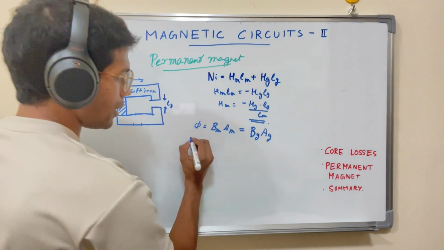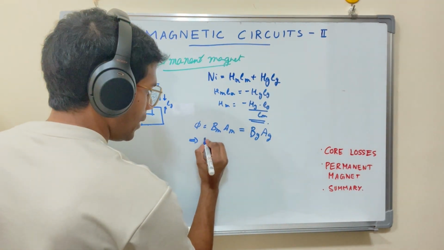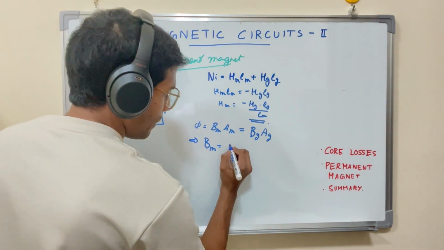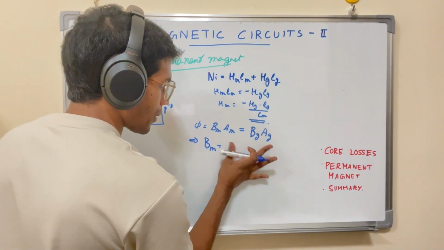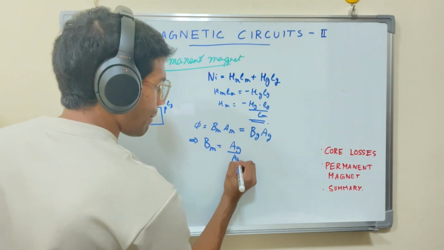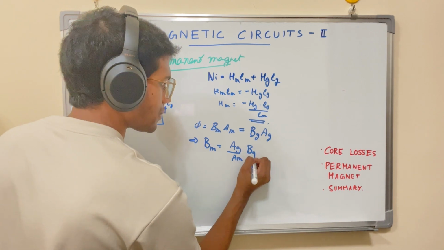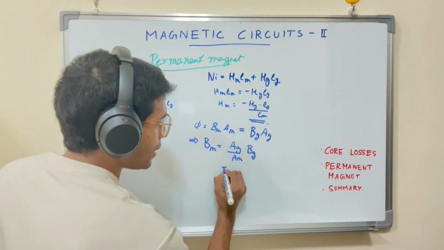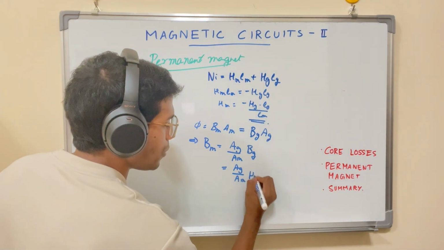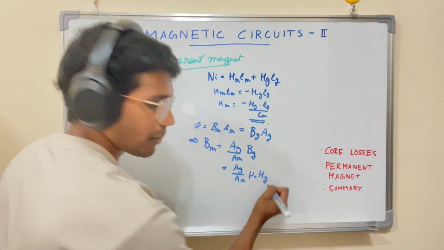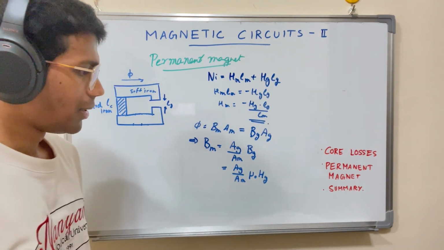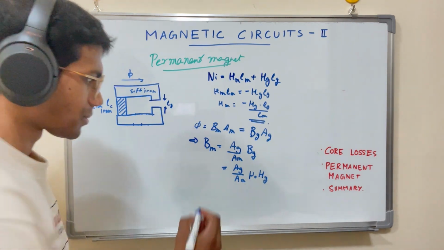So we could write it down as BM is equal to AG upon AM times BG. And BG can be written as mu naught times HG, and this would make sense because mu naught is the permeability of free space.